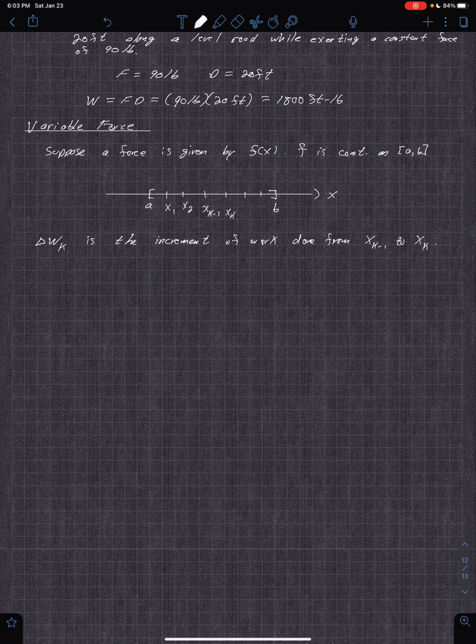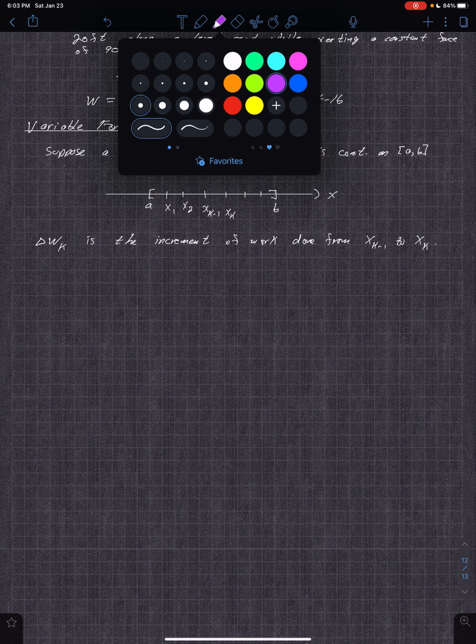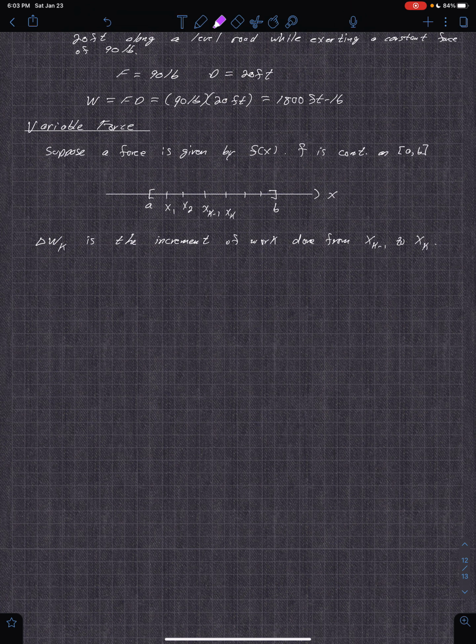And so we're assuming that's one of them, right? Just that piece right there, we'll say is the delta work from here to here. Okay, so to do that, it's going to be the distance times f of x, right?